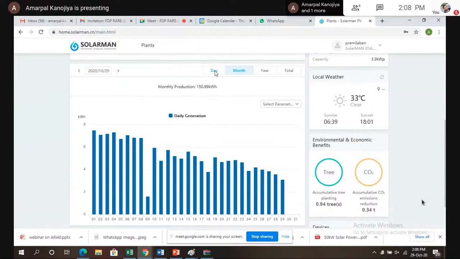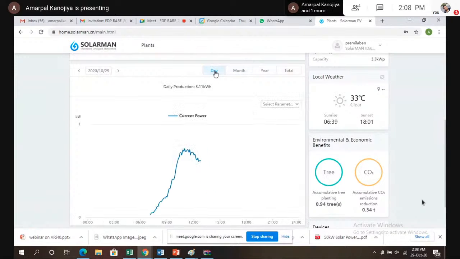If the consumer wants to observe the current generation, then see here, this is the current generation graph. It starts from morning 6 up to 2. This graph varies depending on the atmospheric condition.